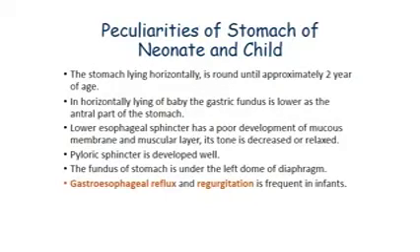So these both factors are additional in the liability of the stomach content of the newborn to be spilled back into the esophagus. The fundus of the stomach lies under the left dome of the diaphragm. All these factors enhance gastroesophageal reflux and regurgitation, which are very frequent phenomena in the newborn infants.